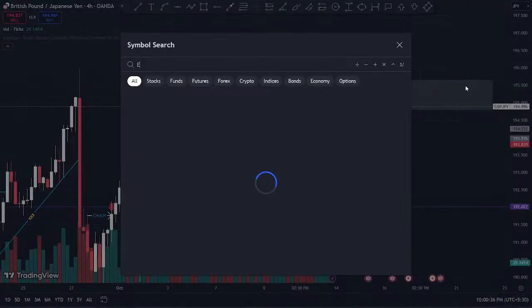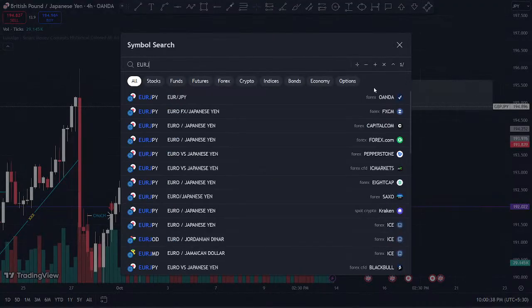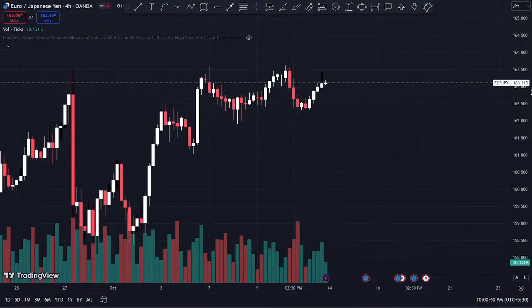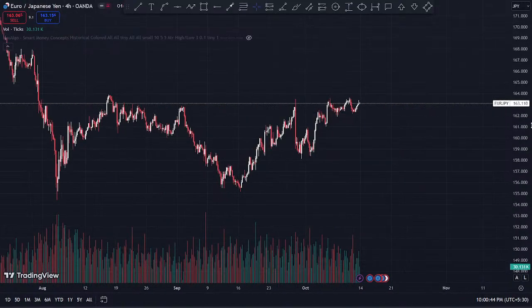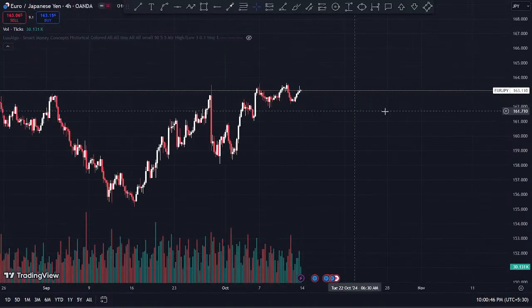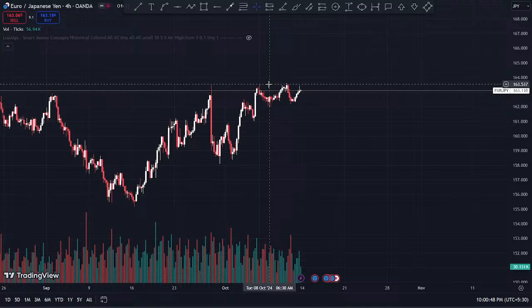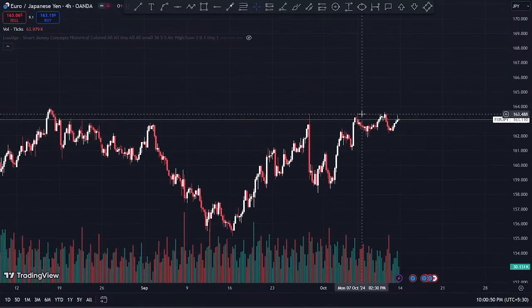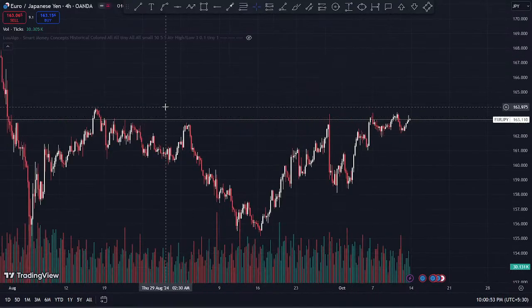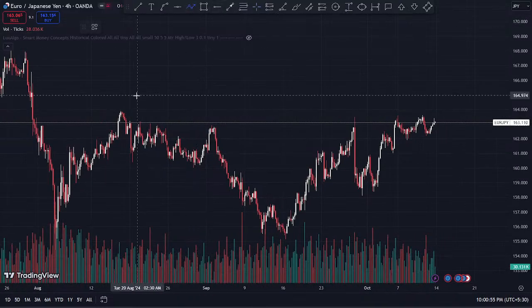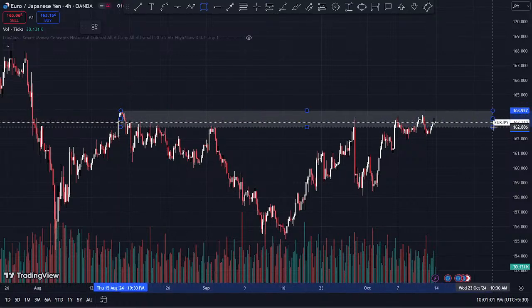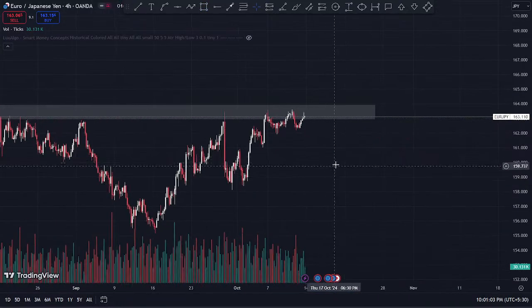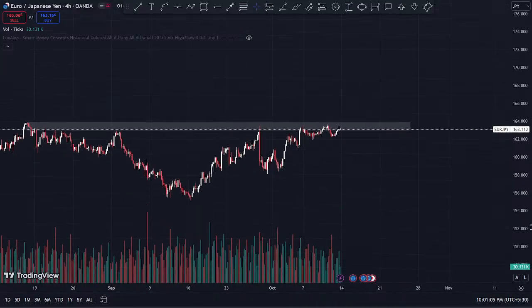Okay, so Euro JPY. It is an FTC, but this was a reaction zone, right? This whole thing was a supply area. I guess this will be absorbed.